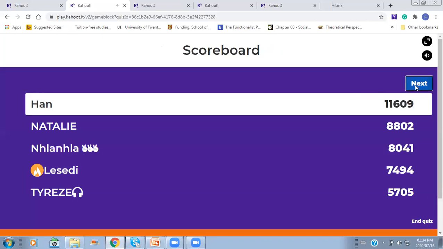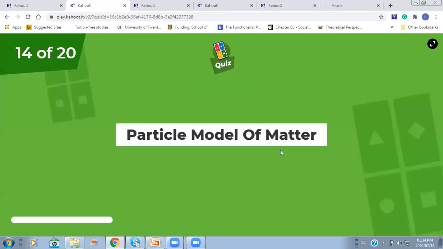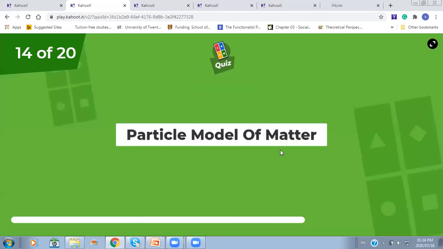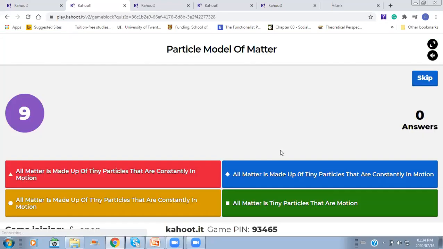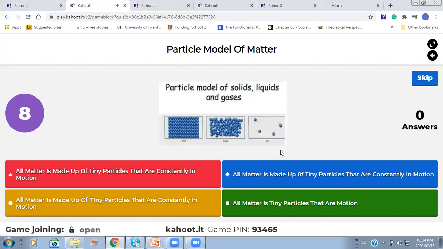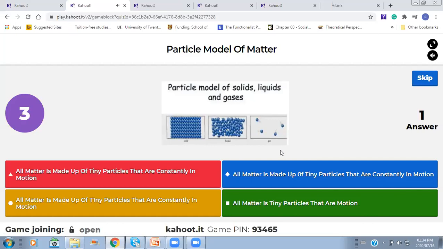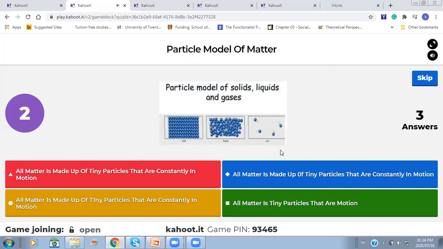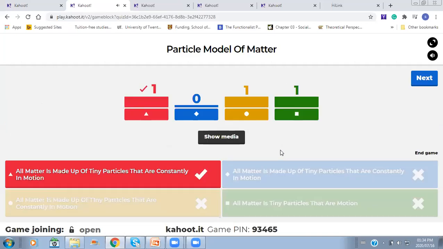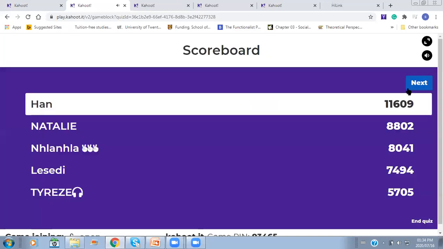Next, the particle model of matter. So you see solid, liquid, and gas. So you see how they are. All right, only one person got this right, which is Han. Let's go to the next.